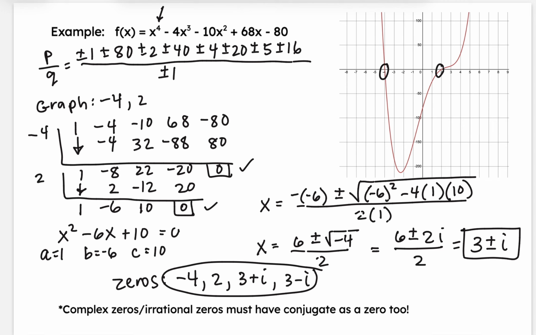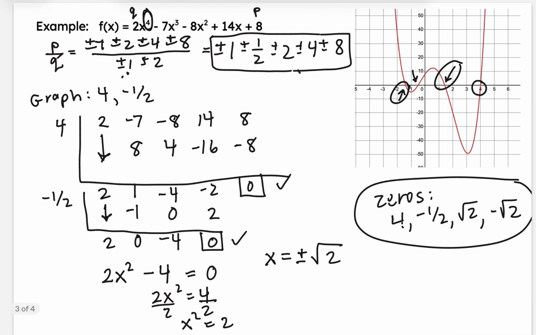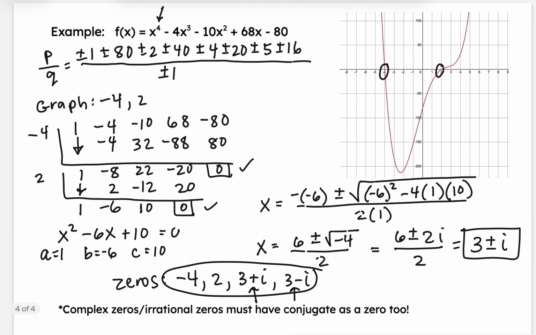So you'll notice that we don't just have one imaginary number, that's not possible. So we had the 3 plus i and the 3 minus i, which are complex conjugates. On our previous problem, we had the positive square root of 2 and the negative square root of 2, which are conjugates of irrational numbers. So just something to keep in mind when you're finding all of those zeros. Okay, so that is it.